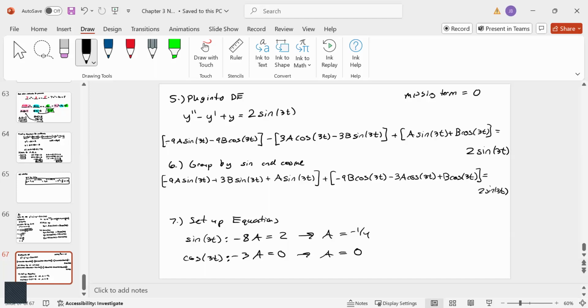And then we can combine like terms and basically reduce this down to an equation that we can solve. So we get negative 8a plus 3b, and then we get sine 3t plus, and then in parentheses, negative 8b minus 3a, cosine 3t.